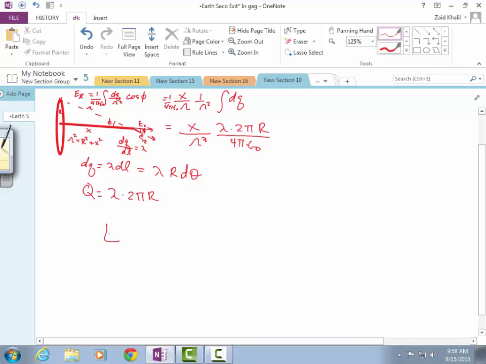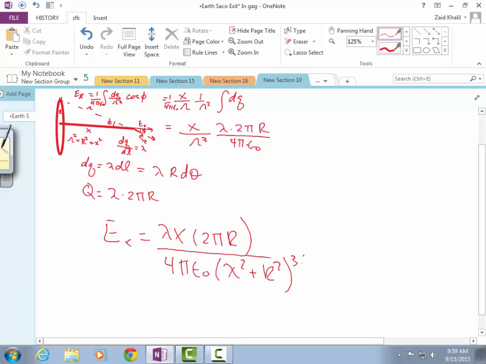Okay, we have E_x equal to x times lambda times 2 pi r over 4 pi epsilon 0 times (x squared plus r squared) to the 3/2. That's this.